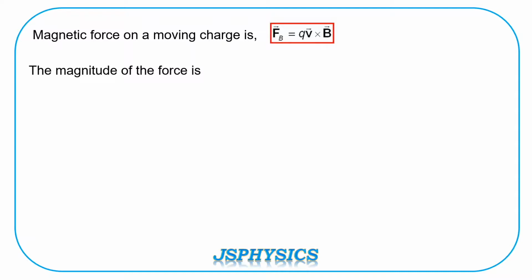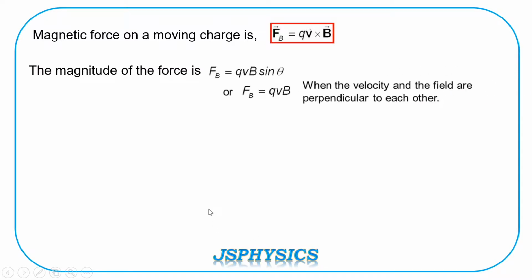Here it is v cross B, so it becomes vB sine theta. So the magnitude of the force is given by qvB sine theta, where theta is the smaller angle between the velocity vector and the magnetic induction vector. Depending upon the angle between them, you can have different values of the force.